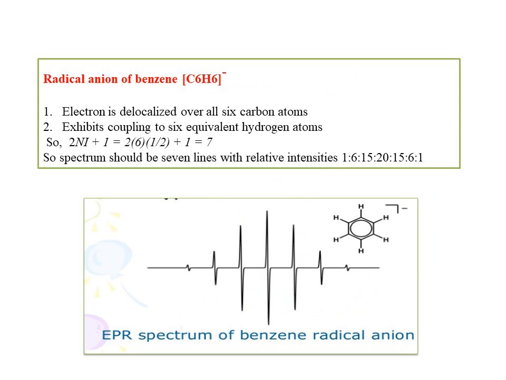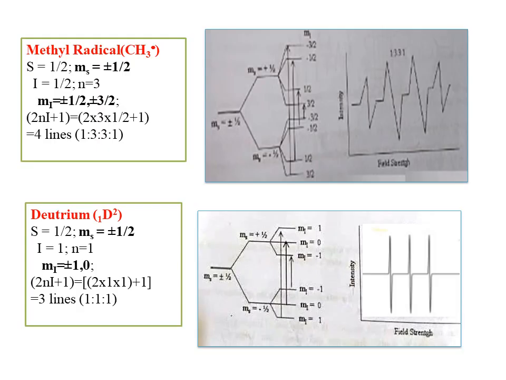For the benzene radical anion, since there are 6 magnetically equivalent protons which will interact with the electron because of the hyperfine interaction, we get 7 lines in the ESR signal with intensity 1:6:15:20:15:6:1, and the ESR spectrum of the benzene radical anion is displayed in the slide.